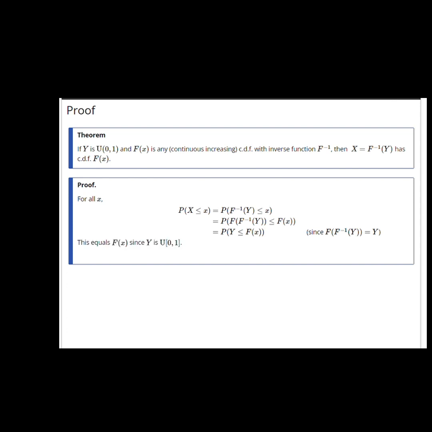Y is a uniform on the interval from 0 up to 1. The probability that Y is less than or equal to F of x is the probability that it falls in an interval from 0 up to F of x. And for a uniform, that's the length of that interval, F of x itself. What we've shown is that the random variable X, therefore, has cumulative distribution function capital F of x, which is what we wished to show.